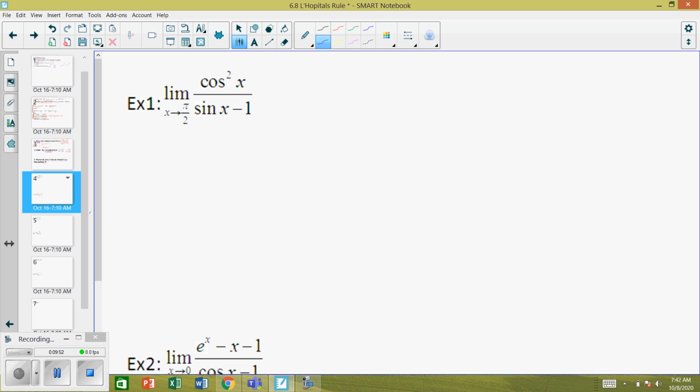So let us evaluate this limit by first plugging in pi over 2. What we get is cosine of pi over 2 quantity squared, all over sine of pi over 2 minus 1.